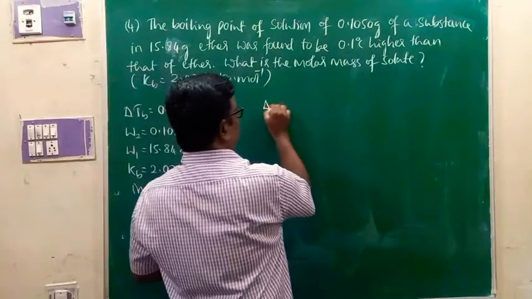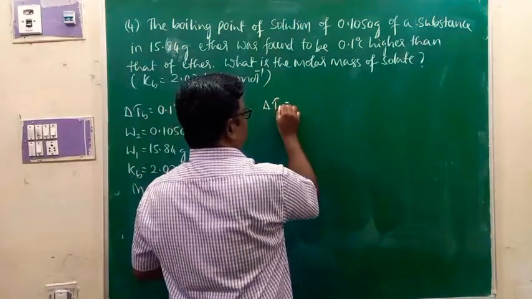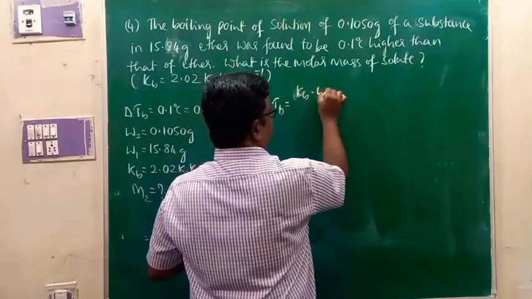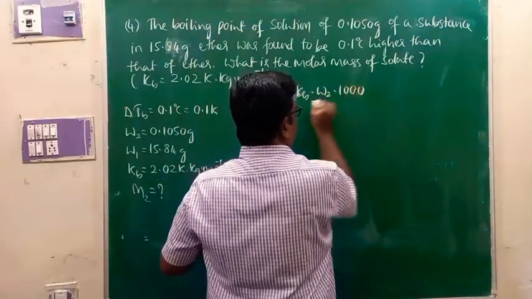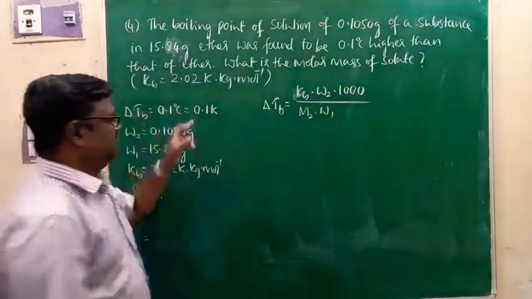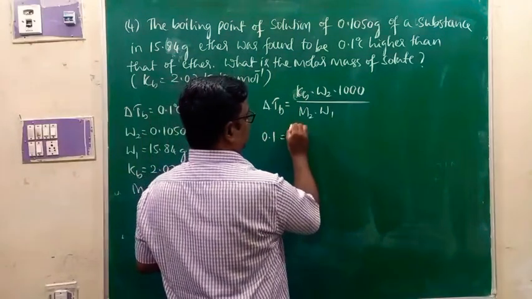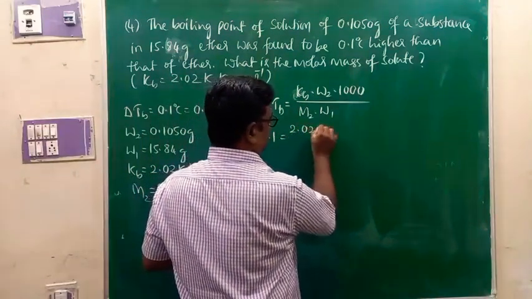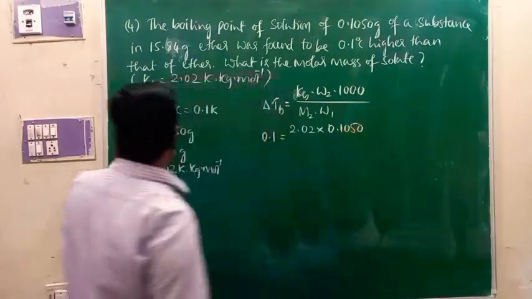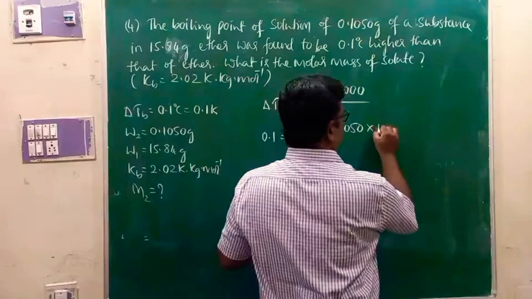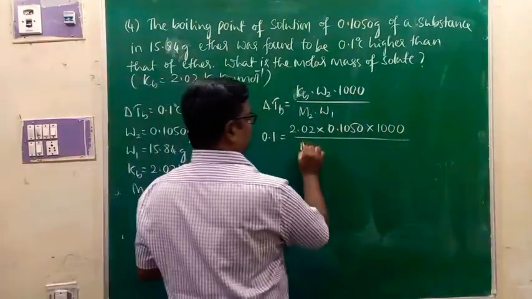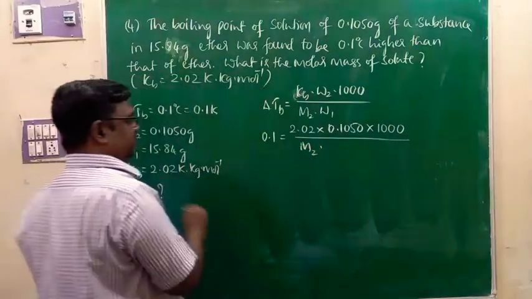Then delta TB equals Kb into W2 into 1000 divided by M2 into W1. Delta TB is 0.1, Kb is 2.02, and W2 is 0.1050 grams, into 1000, and the whole divided by, since you are calculating the molecular mass of solute, W1 is 15.84.